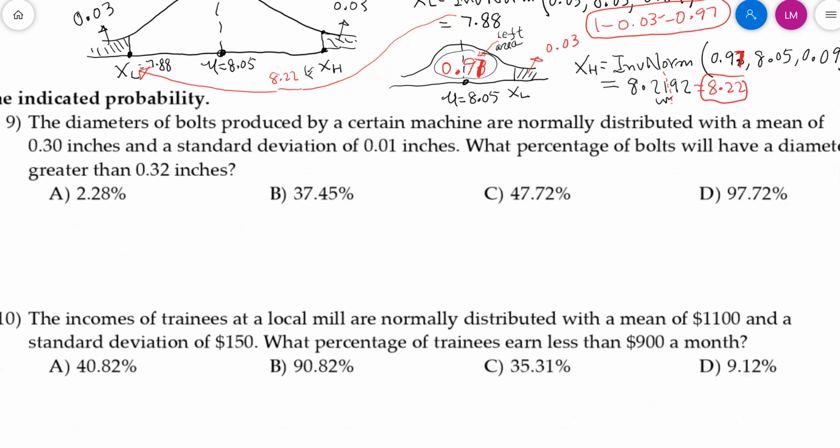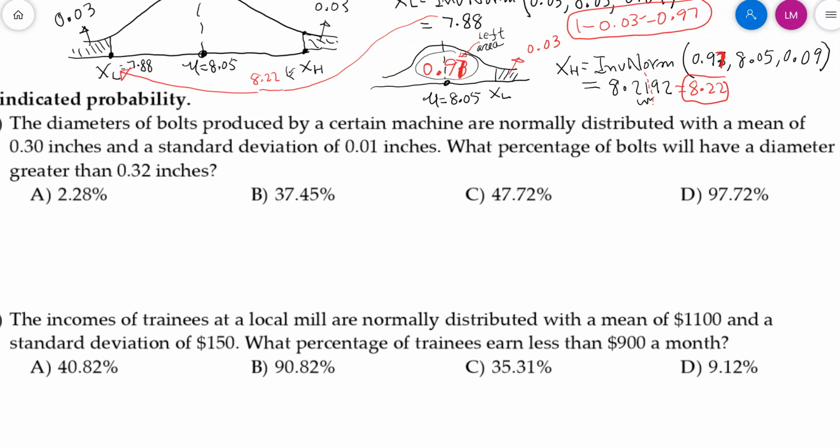The diameter of bolts produced by a certain machine are normally distributed with a mean of 0.3 and a standard deviation of 0.01. What percentage of bolts will have a diameter greater than 0.32? So this time, in the middle is mu, and the mean is 0.3.